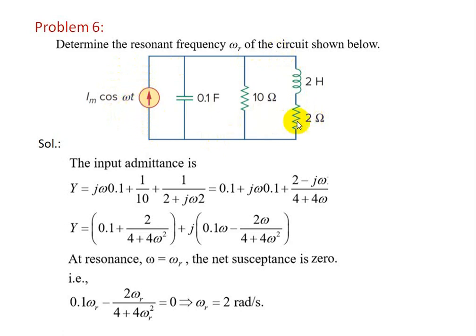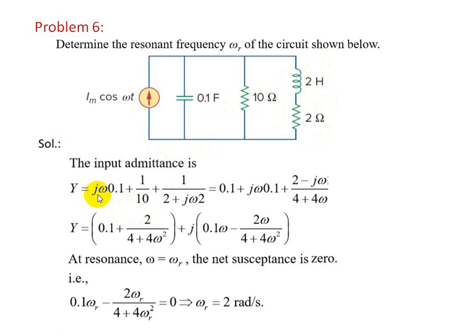Suppose a circuit of this type is given, which is not of standard type, then always you can write the equation for admittance. So the total admittance will be equal to 1 over the reactance of this, 1 over the resistance, then 1 over the impedance of the branch.